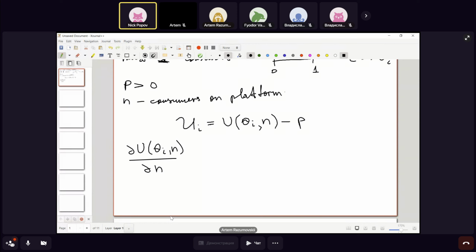The derivative should be positive because, assuming that Facebook doesn't run out of service, out of their capacity, you just win something from any newcomer.